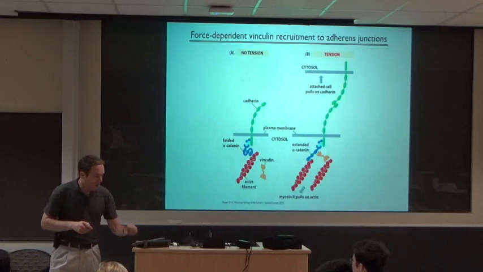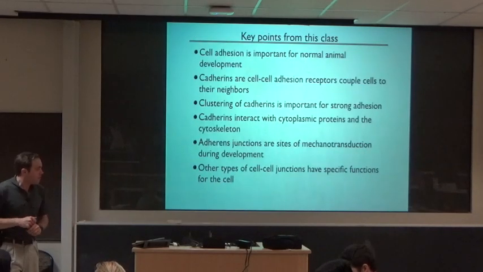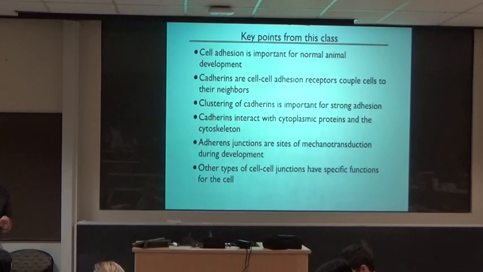Okay. All right. So that's what I wanted to say about the intracellular domain of cadherins. So let's wrap up by just refreshing the key points. Okay. So I showed you cell adhesion matters in normal animal development. We talked about how cadherins cluster on cell surfaces to bind to their neighboring cells and mediate strong adhesion.